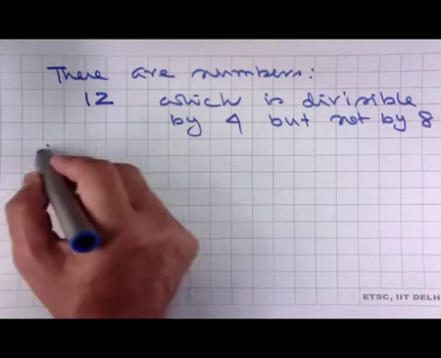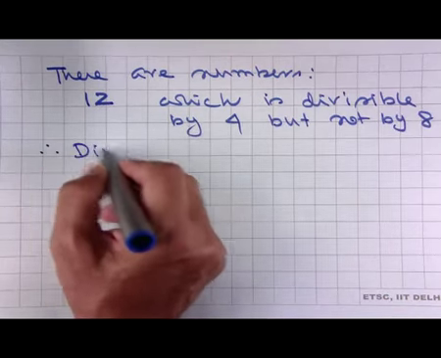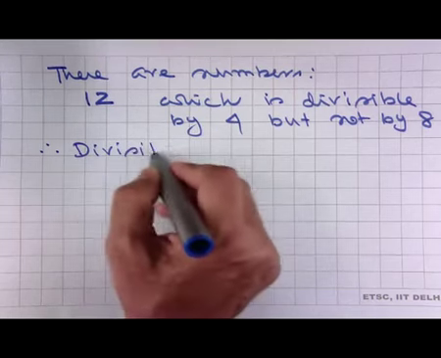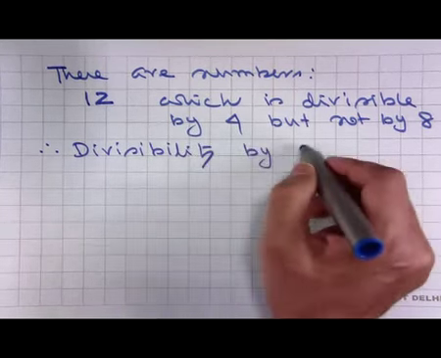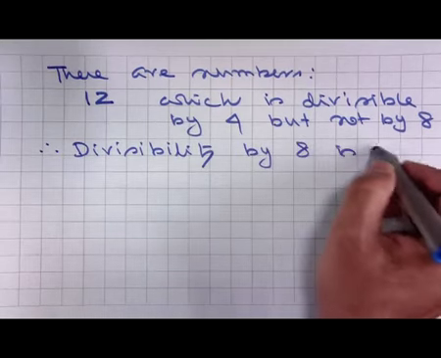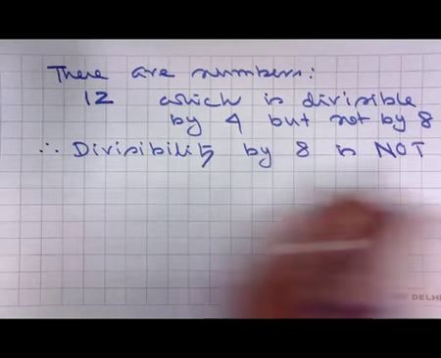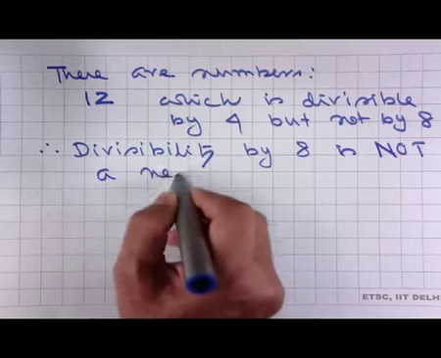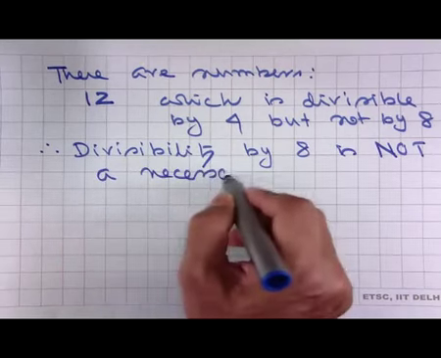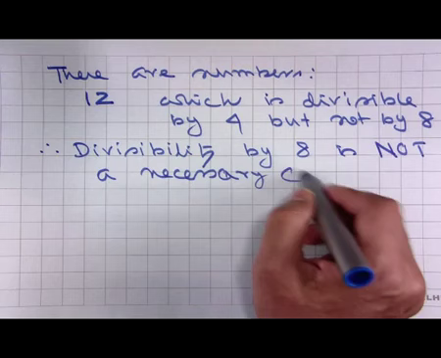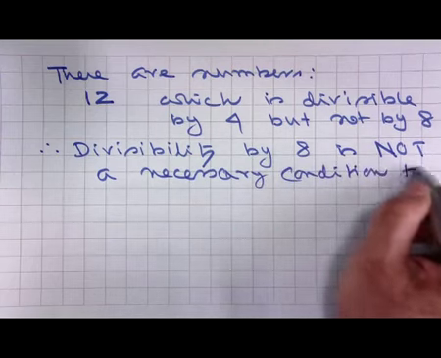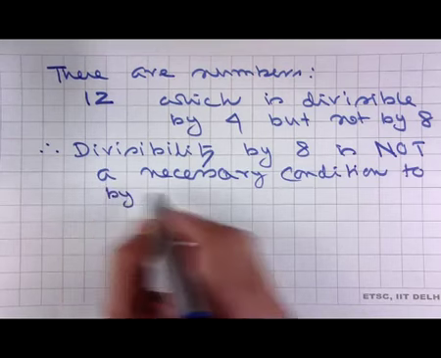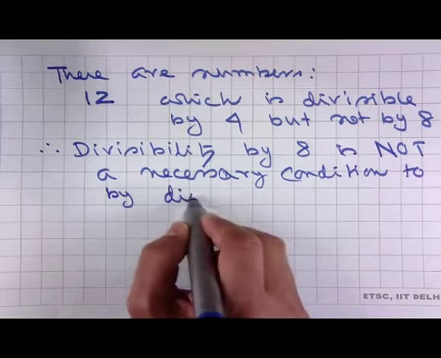Therefore, divisibility by 8 is not a necessary condition to be divisible by 4.